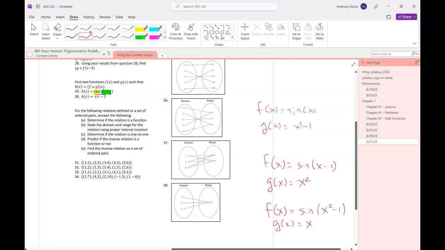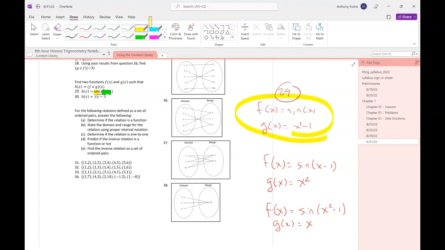Or vice versa, you could make f of x just x and g of x the whole thing. Those are probably the four most common answers, but just look for an inner and an outer. There's lots of possible answers. Does that feel cool? Yeah.